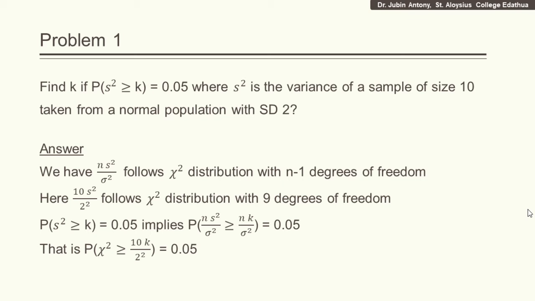Probability of s square greater than or equal to k equal to 0.05 implies probability of n s square by sigma square greater than or equal to nk by sigma square is equal to 0.05. That is, probability of chi-square greater than or equal to 10k by 2 square is equal to 0.05.